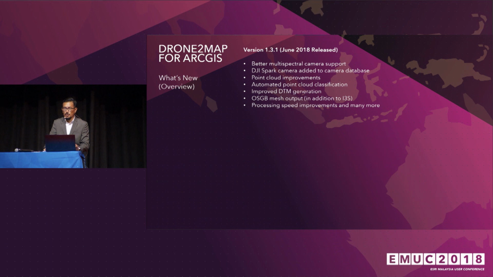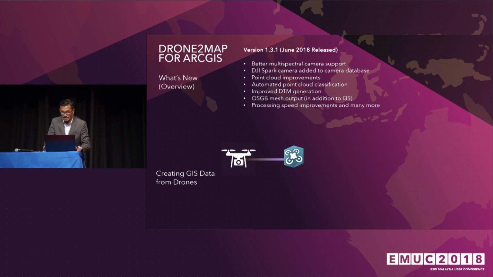So how can you use Drone2Map to export imagery from the drone? People keep asking whether, if I have this brand of drone, this kind of drone, can I use Drone2Map to process it?